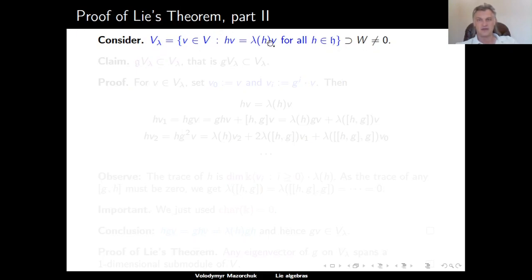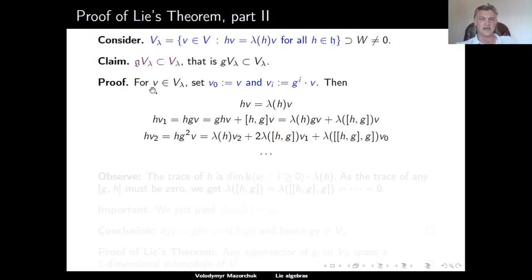So V lambda is a non-zero subset of V. We claim that V lambda is stable under the action of the Lie algebra G. Since the difference between the Lie algebra G and the Lie algebra H is this element little g, we only need to prove that the action of little g sends V lambda to itself. How do we prove that? Let's take any element little v from V lambda.